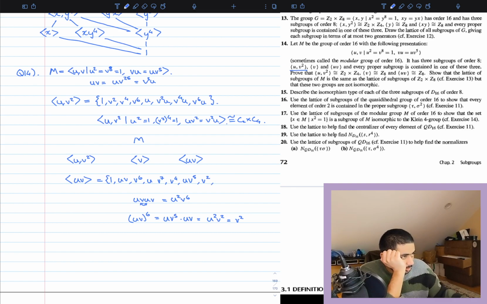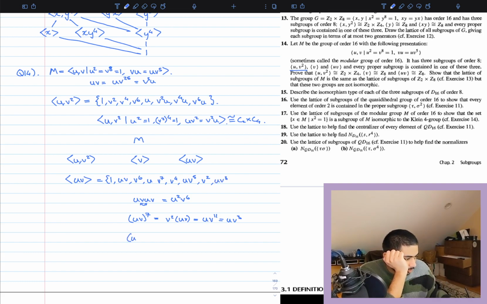And lastly, UV to the 7th power is going to be V squared times UV, which is, we can swap these and get UV to the 11, which is UV cubed.